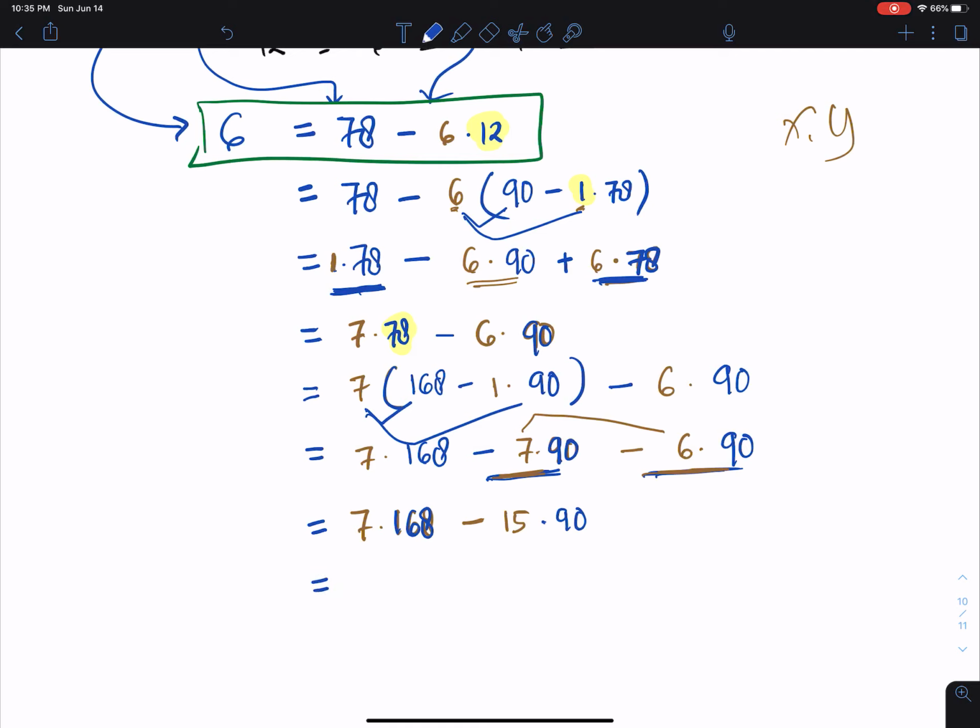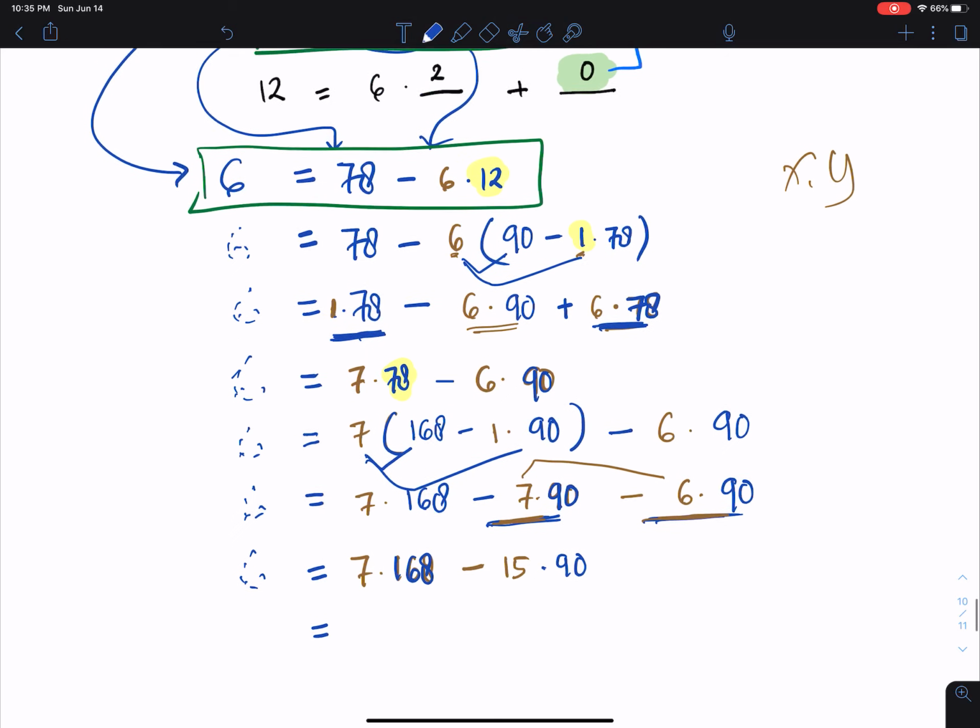So equal to, remember from the top here is 6, it's not changed, it's 6 over there. So now we have 7 times 168 minus 15 times 90. Okay, so now what number can we get?